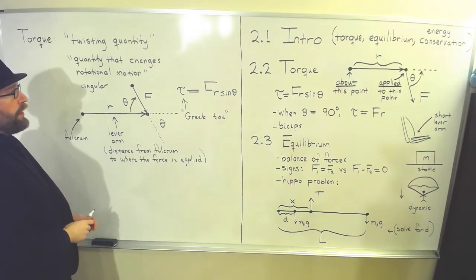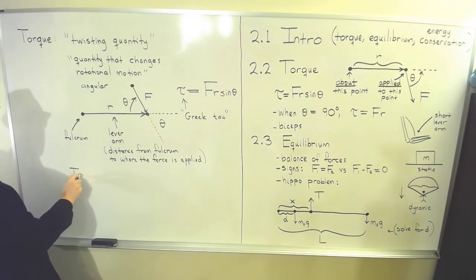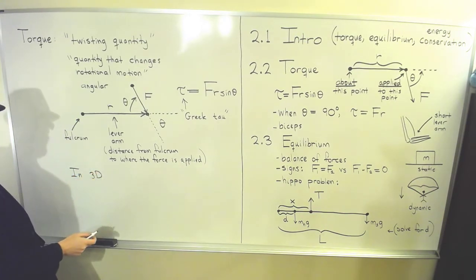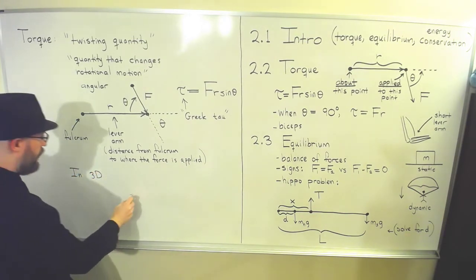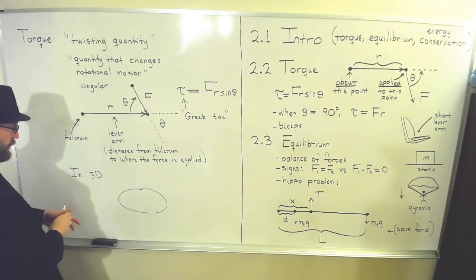And so what really happens, and this is in three-dimensional space, what you would have is, so I'm going to draw, this is supposed to be a circle, and you're supposed to be looking at it from an angle.